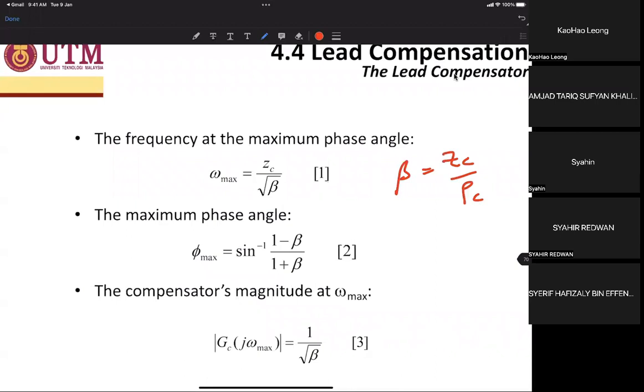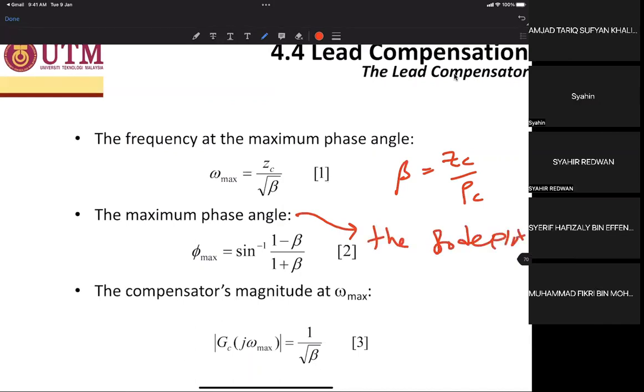Once you get the beta, you can calculate the maximum. But if you don't have beta, you get it from the booklet given. And then the compensator magnitude, okay, also from the booklet.